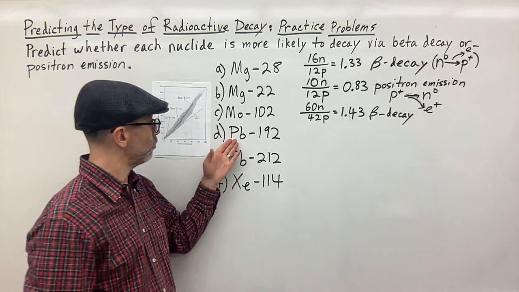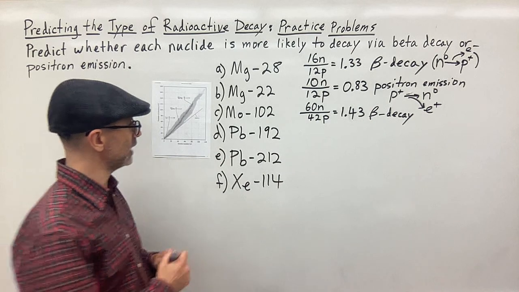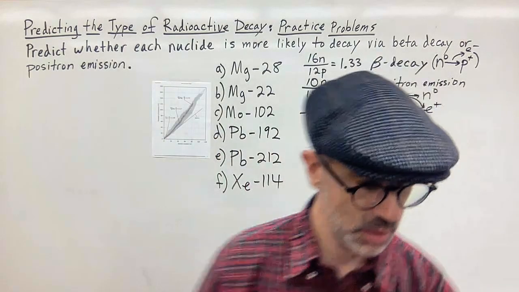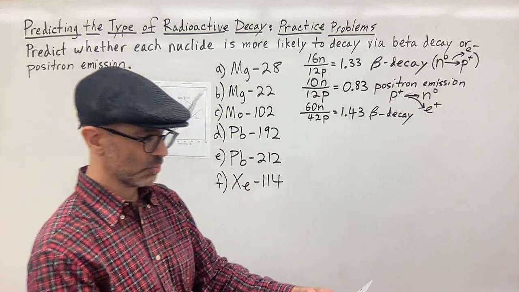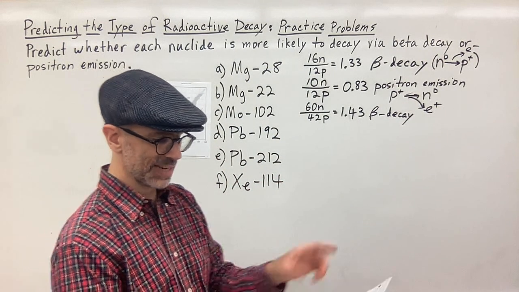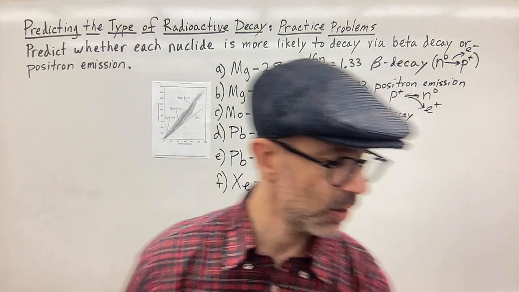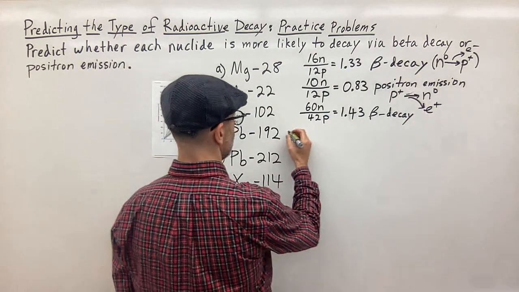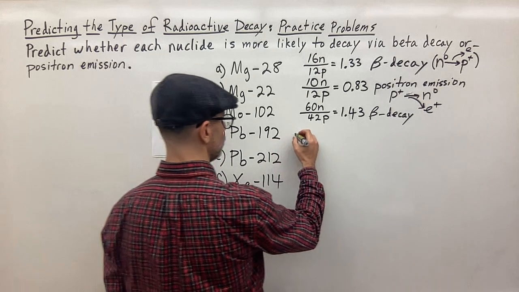Okay. What about lead 192? Again, same thing. We've got to look up lead. Get your periodic table. Look up lead. The atomic number of lead is 82. So here, 192. We're going to subtract out 82.